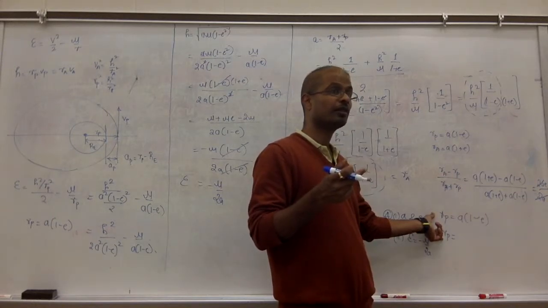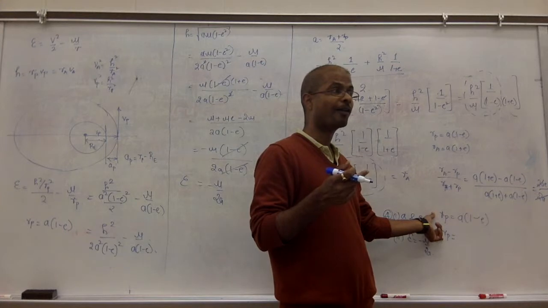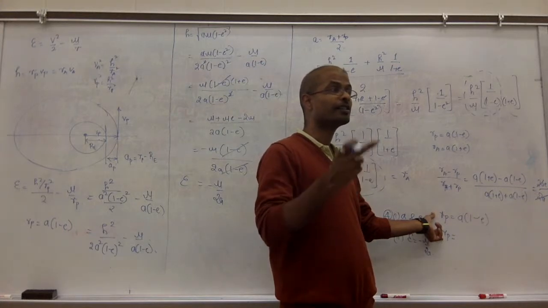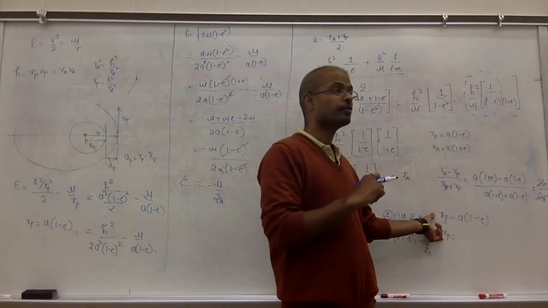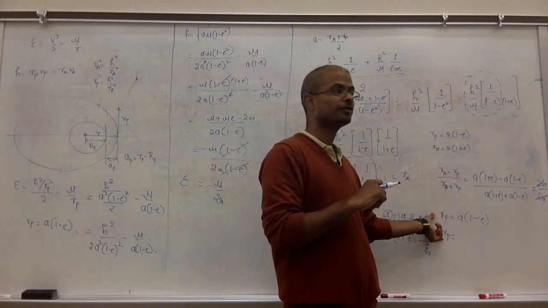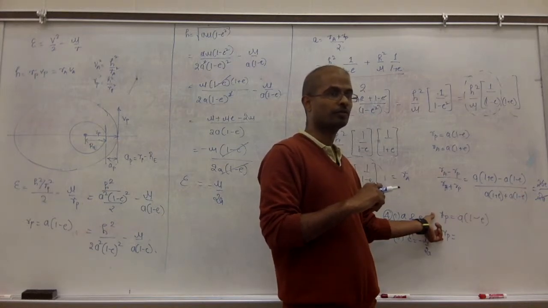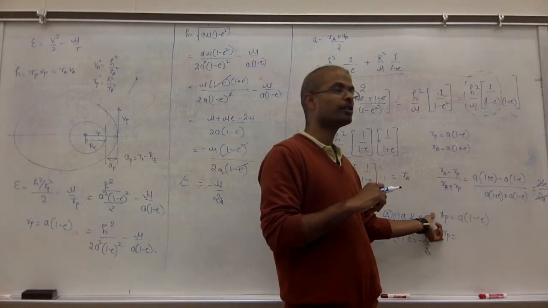Energy is less than zero, is negative. Eccentricity is between 0 and 1 for an ellipse. So that means that energy is negative.